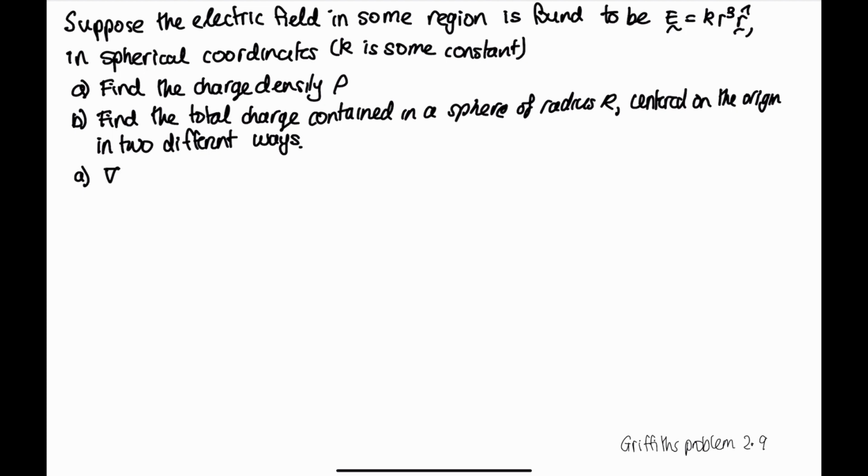Okay, so to start with for part A, we can make use of Gauss's law, which tells us that the divergence of E is equal to rho over epsilon naught. Now, a reminder, this question here is in spherical coordinates. And in spherical coordinates, we do have to transform our divergences.